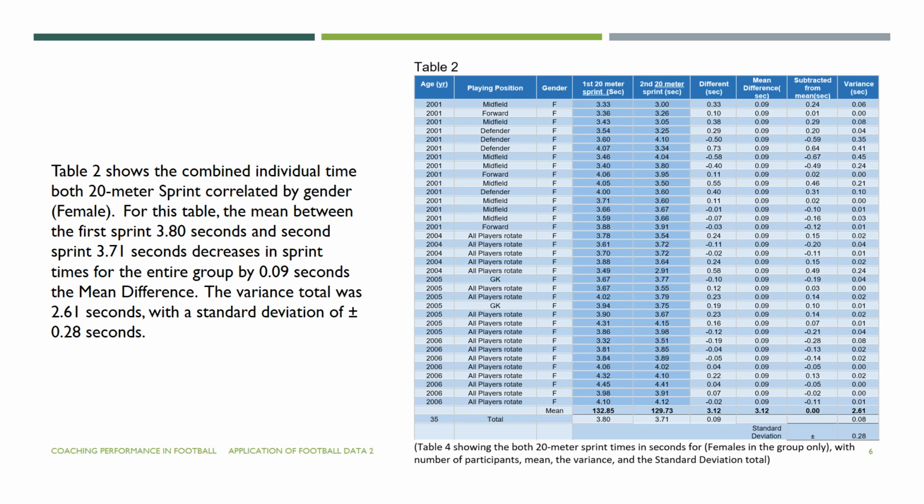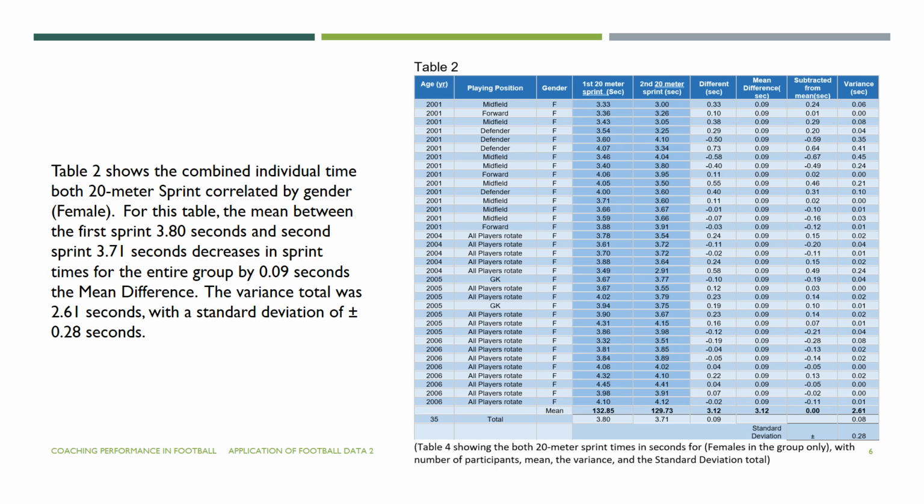Table 2 shows us the same results for the female group for the sprinting. As you can see from this table, the total time was 132.85 seconds with a mean time of 3.80.